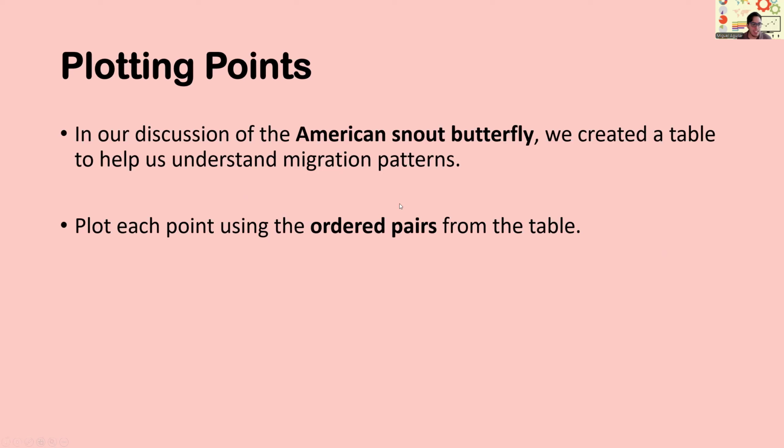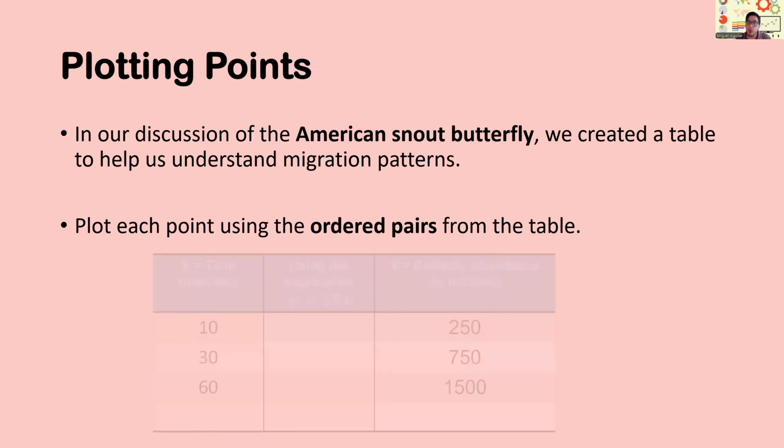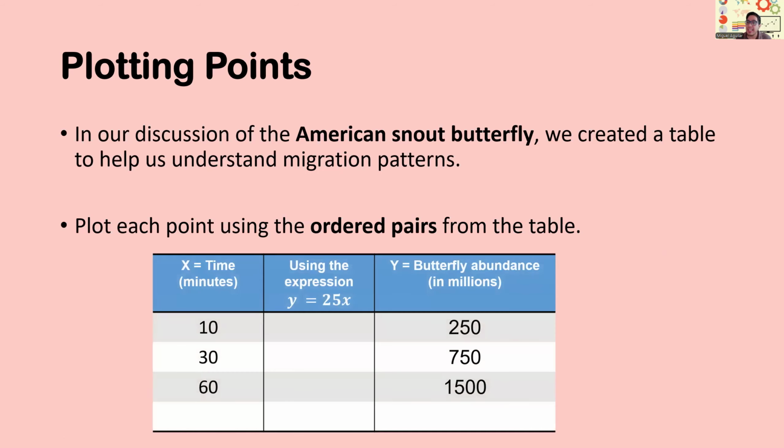Okay. But let's put it all together. I said before, like, what is gasoline? What do butterflies have to do with any of this Cartesian coordinate system stuff? Well, typically, whenever we're looking at an x value and a y value, two different variables, we organize them in a table. And as we saw before, if we have an equation, we can figure out, if we're given an x value, how do we find the y value, right?